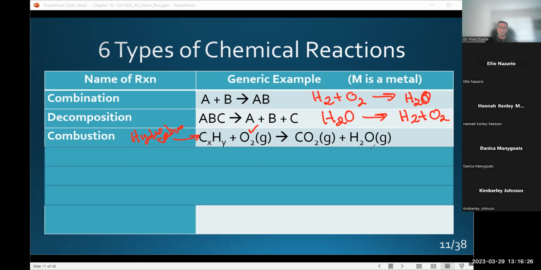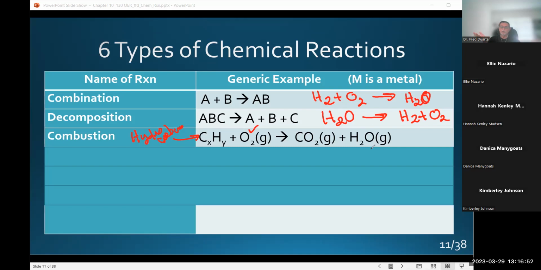Okay, that's it. Yes, I understand your vehicle produces carbon monoxide, and that's only due to the fact that our vehicles are not very efficient in burning hydrocarbons. But we're going to assume 100% efficiency, and only the combustion of hydrocarbons, and therefore the only two products you will see will be carbon dioxide and water.